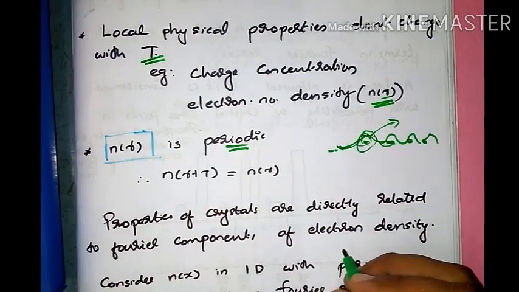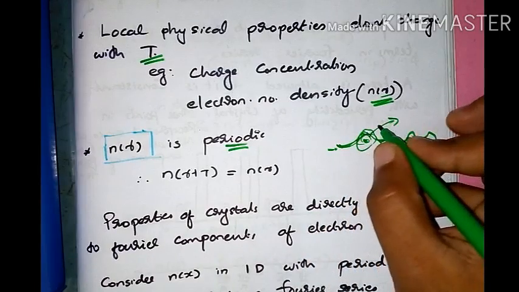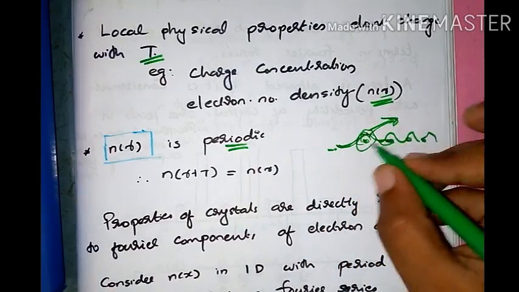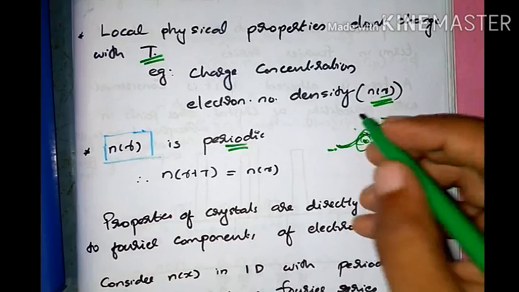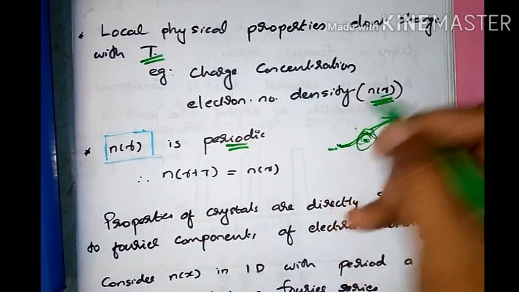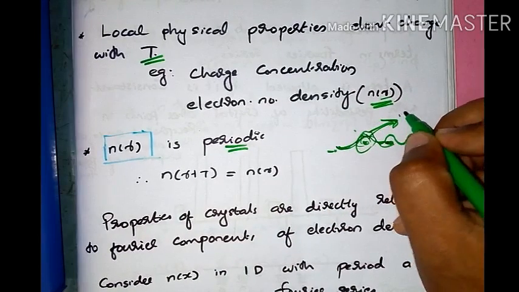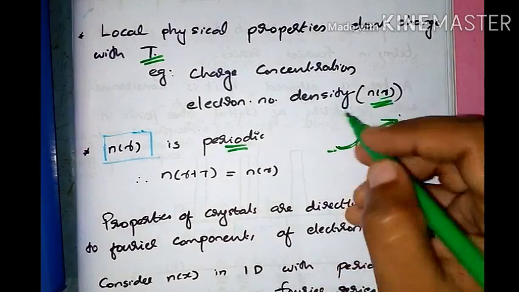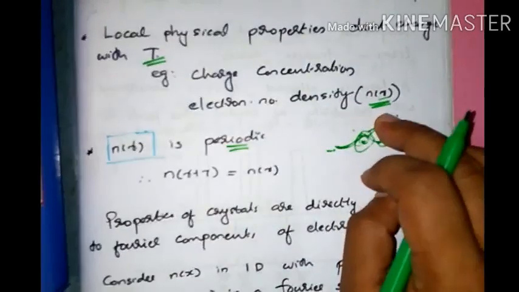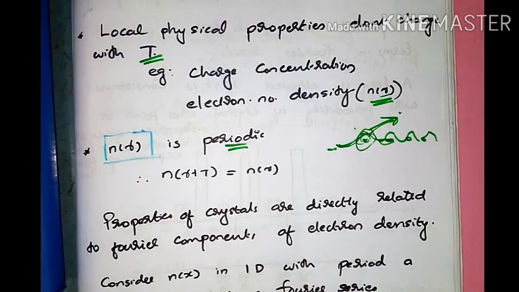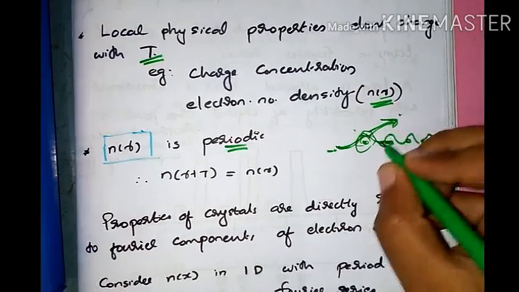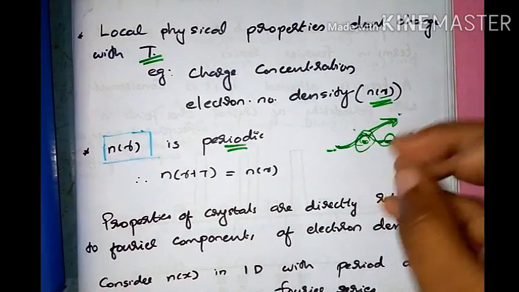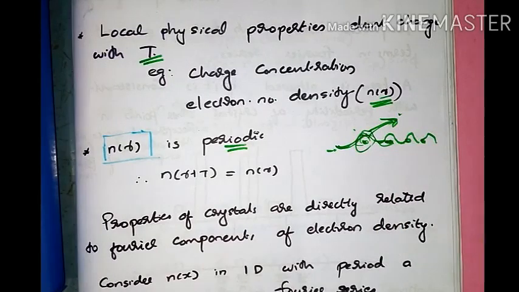I am trying to unpack the electron density in this region using Fourier analysis, or I am trying to take a Fourier transform of this electron density. As I told you earlier, a Fourier transform unpacks the various components or frequencies that are incorporated in a wave.